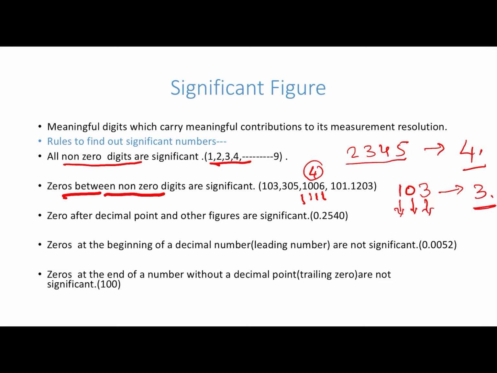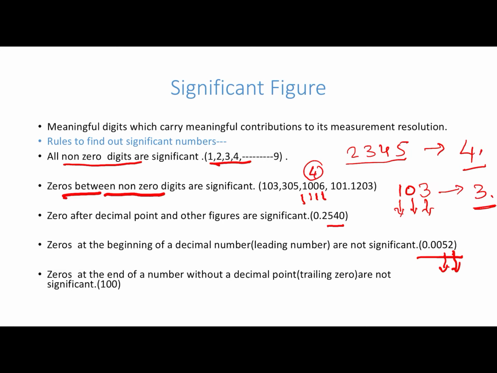Then zeros after the decimal point and other figures are significant. Here you can see that there are 4 significant numbers. Then zeros at the beginning of a decimal number are not significant. Suppose the example is 0.0052.